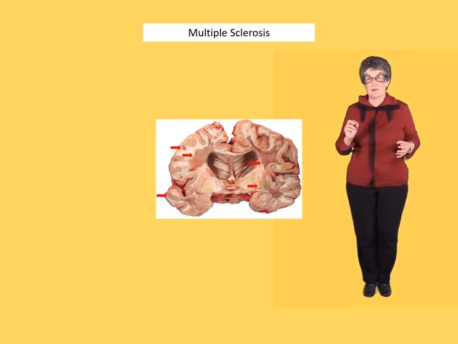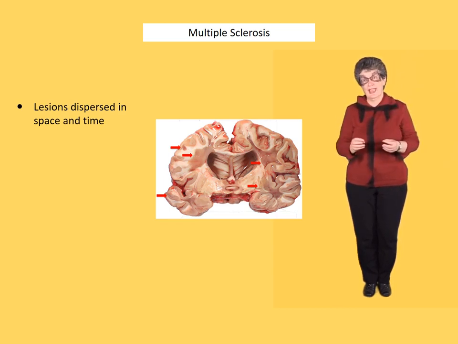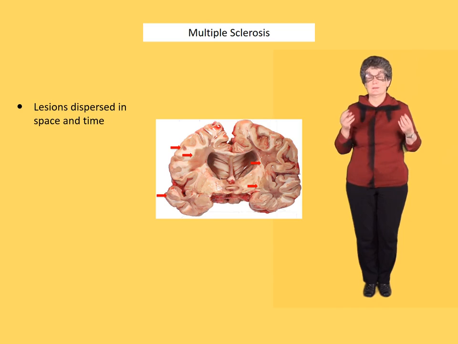In multiple sclerosis, multiple lesions occur throughout the brain and the spinal cord. They occur in the white matter. The white matter becomes inflamed as the inflammatory cells react to myelin, and the brain becomes demyelinated.